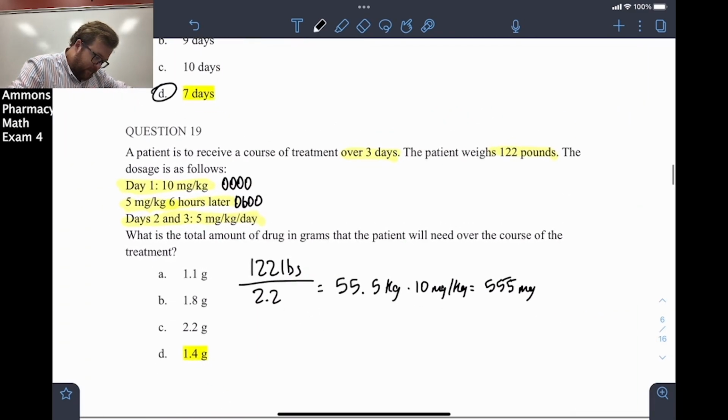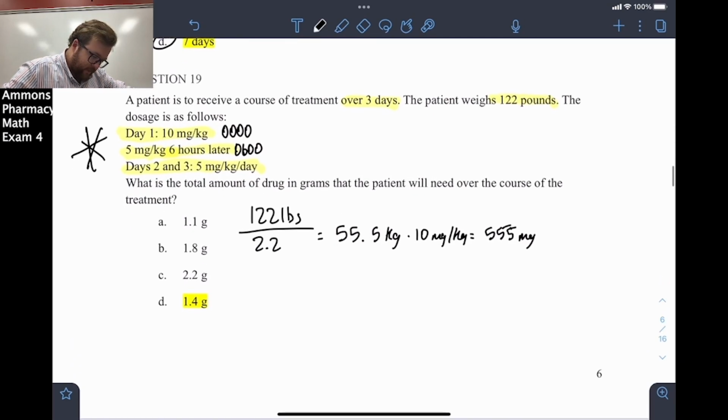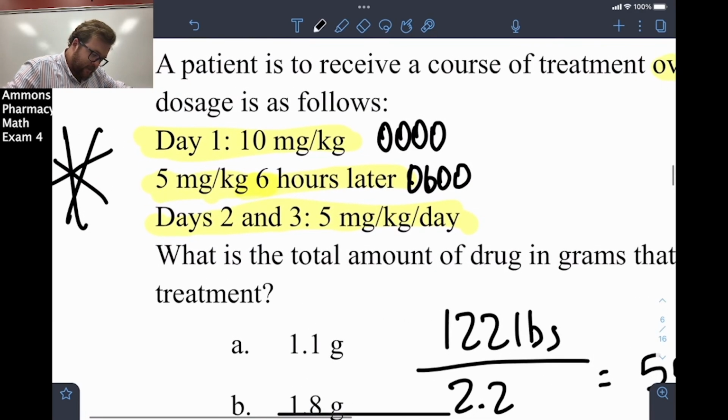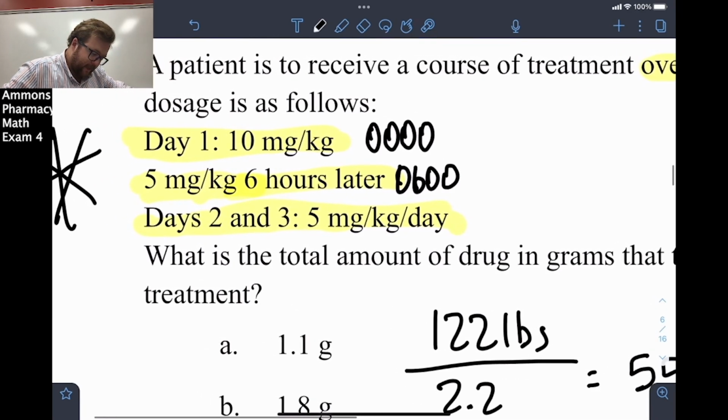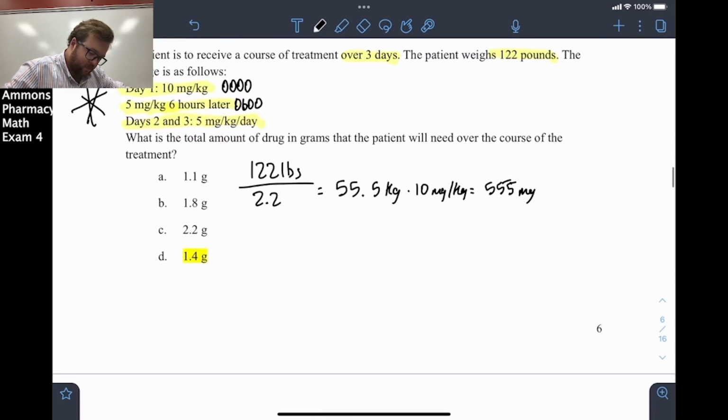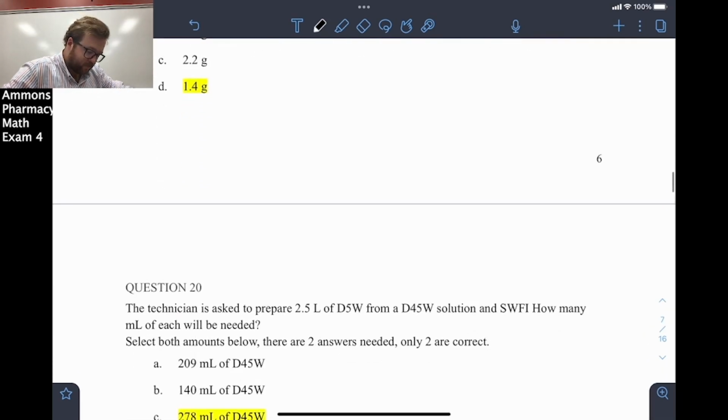Okay, I think that this one is missing some info. I'll take a look at that one because I believe that it's missing 5 milligrams per kilogram per day right here. I could be wrong. We'll take a look at that one.